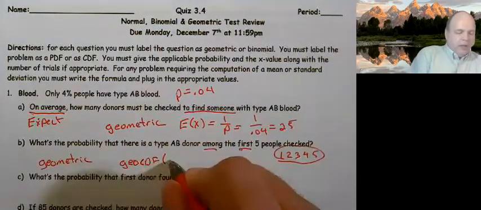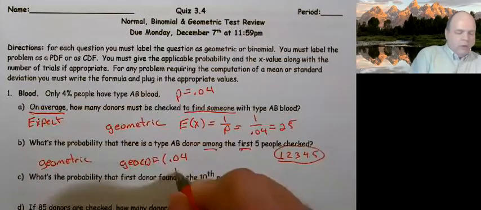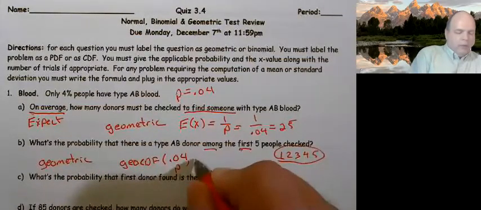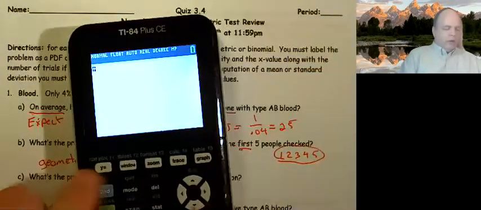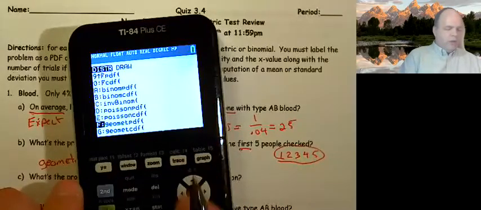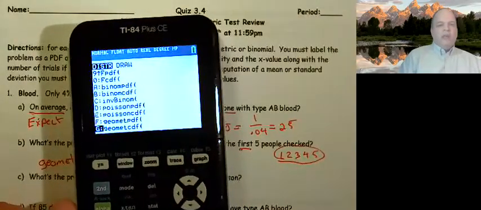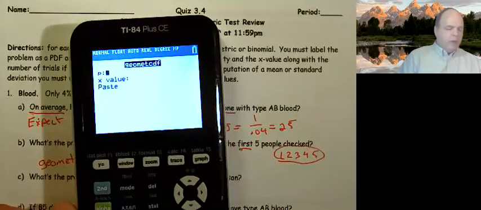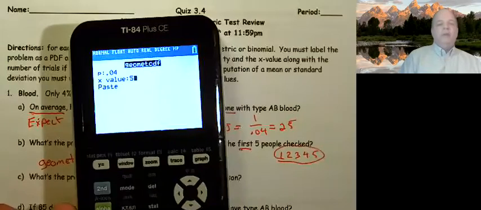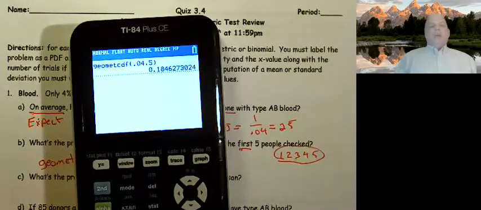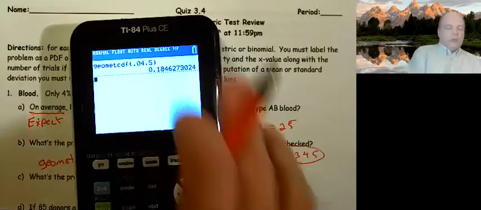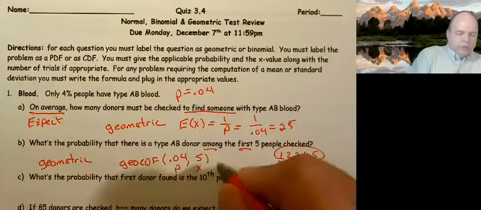My probability is 0.04, and my X value is 5 because it has to be among the first 5. So if I go over here and go second vars, geometric CDF for more than one value, I put 0.04 in, and then my X value being 5, I end up getting 0.1846, and we always want to take these to 4 decimal places.